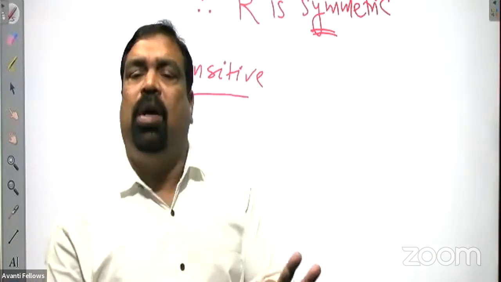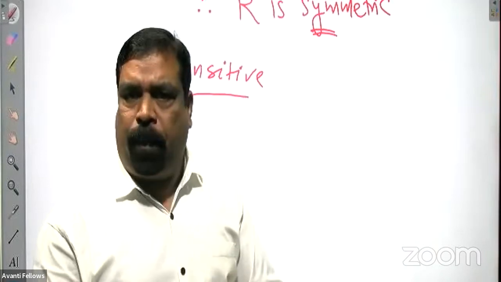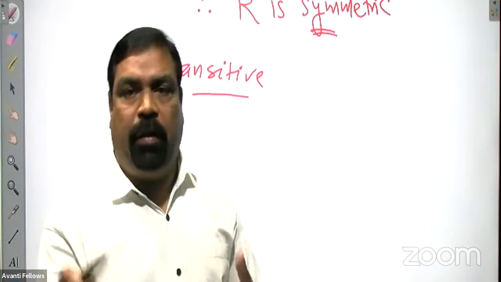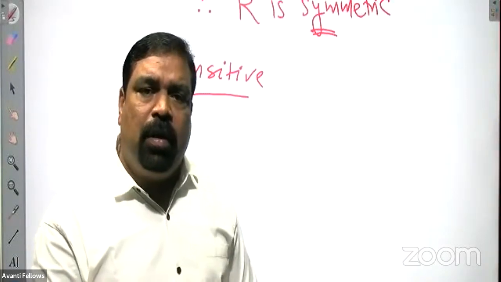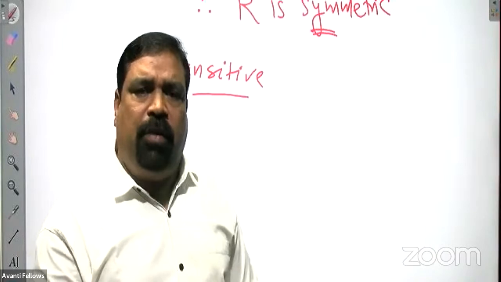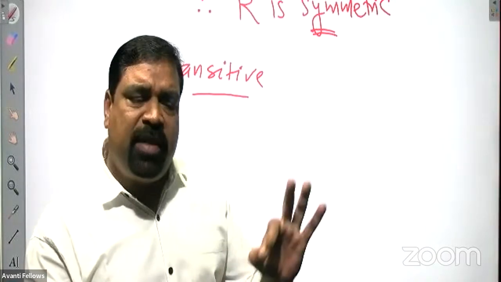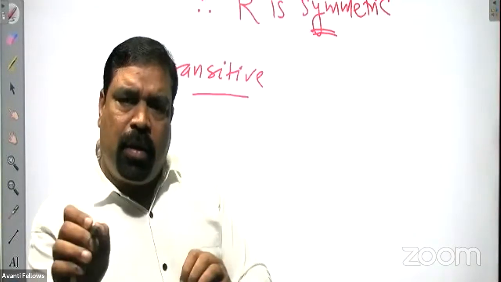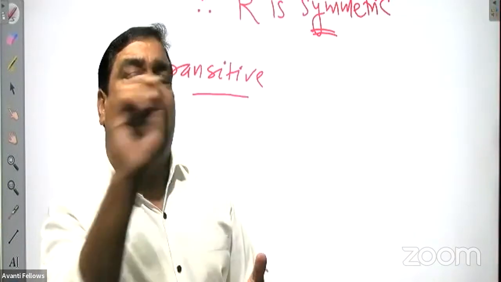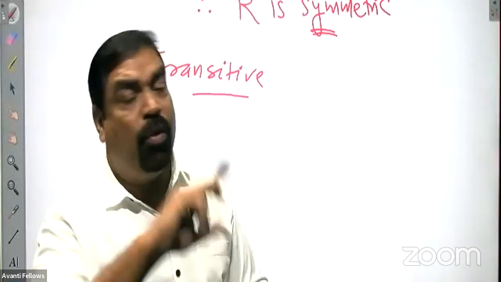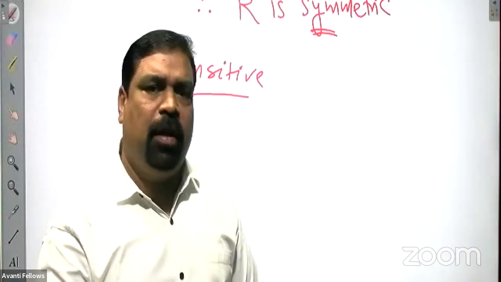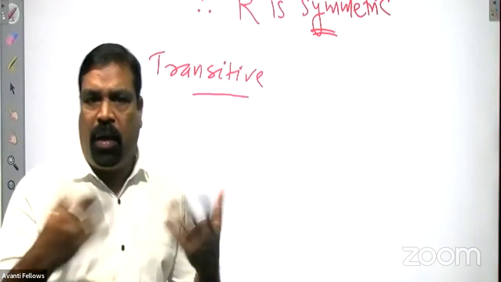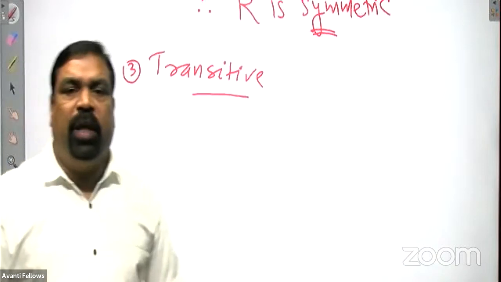So you have to prove it by an example, where it is not transitive. How to give an example? We have to give an example such that (A, B) is there and also (B, C) is there, but (A, C) is not there. In that way, we have to find an example. So think about that.